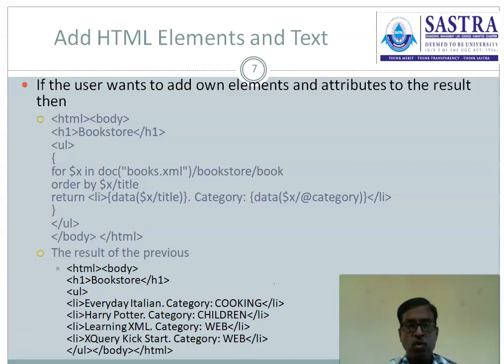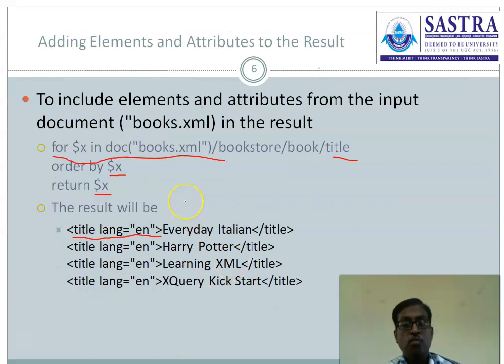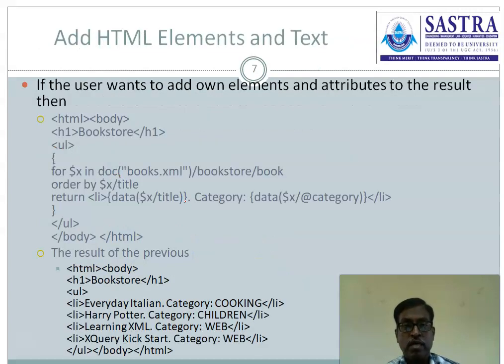You can add your own elements in the result, or HTML elements can also be included here. In the previous example, what is available in the XML document title tag is displayed. Here we are going to add HTML elements and text in our XQuery example.